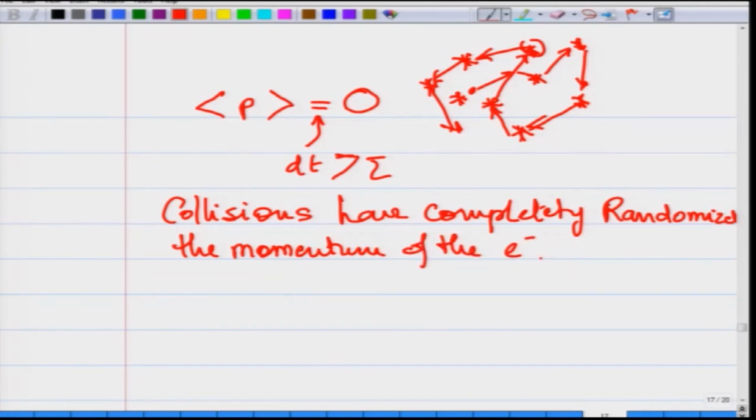So, the net average momentum of the electron over a long time interval turns out to be 0, and this is again very similar to the kinetic theory of gases, which you have studied.